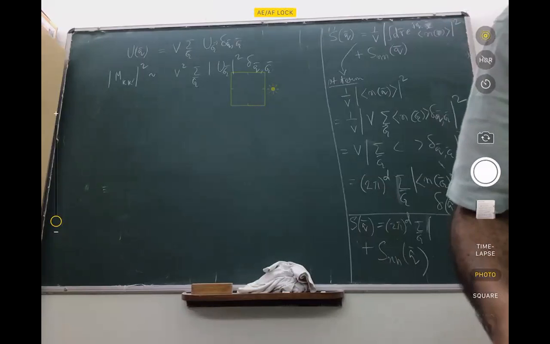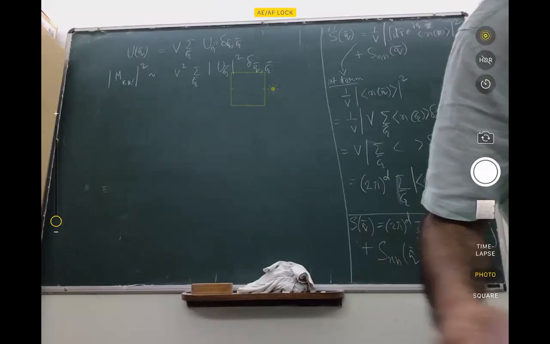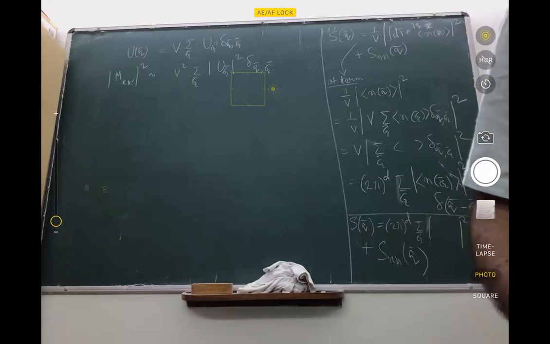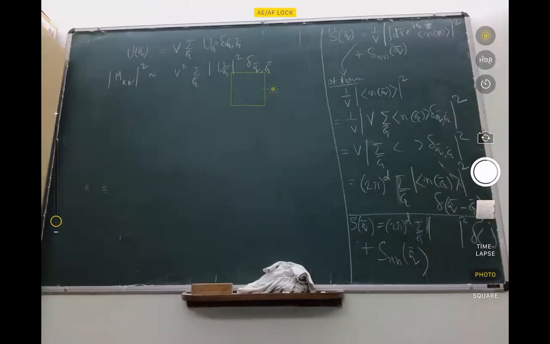Okay, so what do we expect in an ideal crystal? Let us try to understand. Suppose we have an ideal crystal. By ideal crystal, I mean the atoms are located perfectly at the lattice sites. There is no deviation from that anywhere.